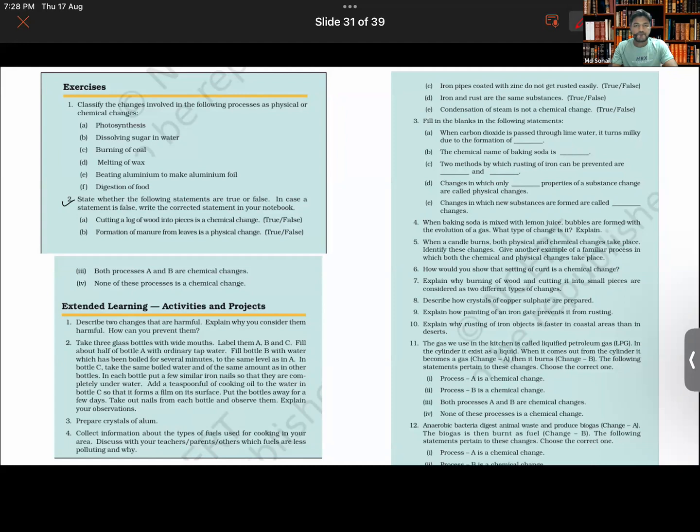In case a statement is false, write the correct statement in your notebook. Cutting a log of wood into pieces is a chemical change. Is it true? It's false. Okay. Next one, Sundus: formation of manure from leaves is a physical change. Is that true? That's false. That is obviously false.